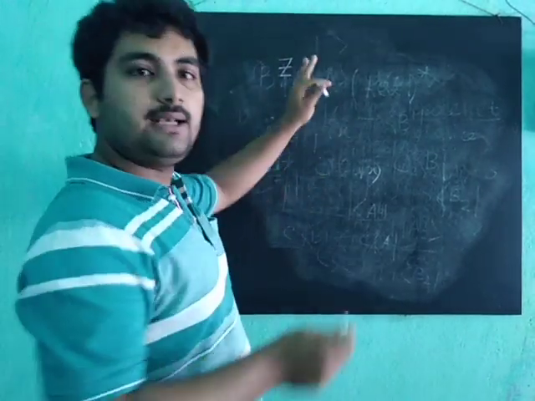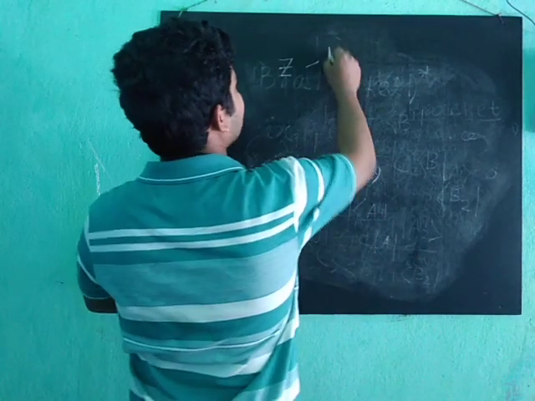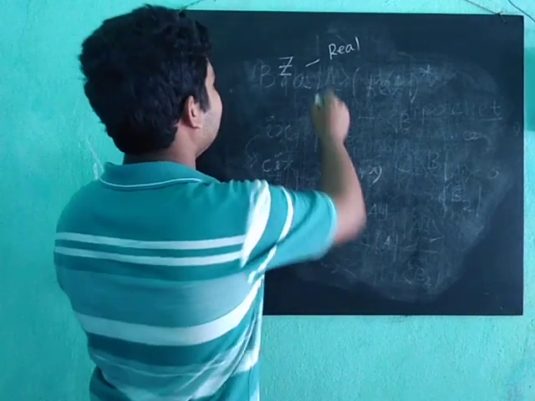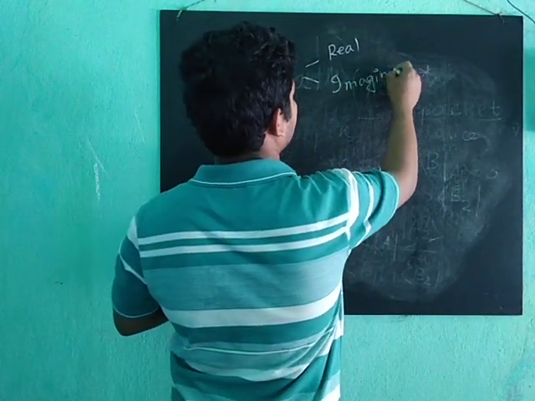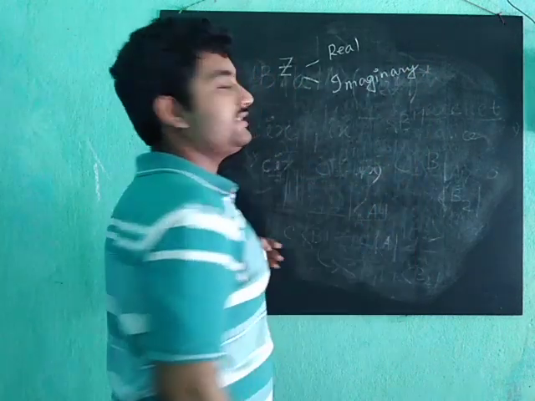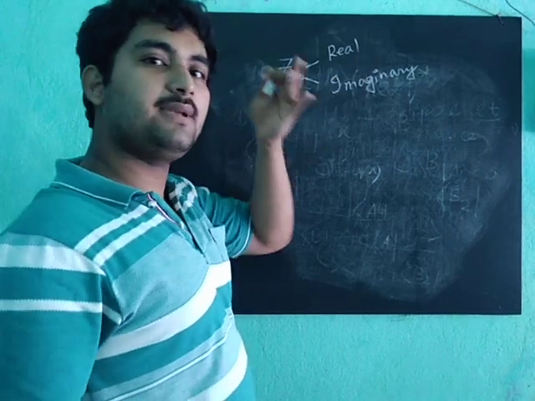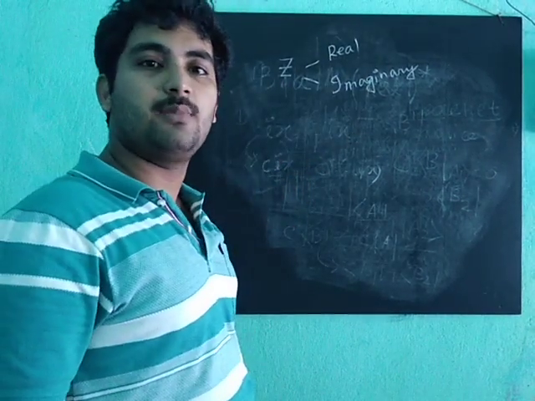We can divide this complex number into two parts: one is the real part and the next is the imaginary part.